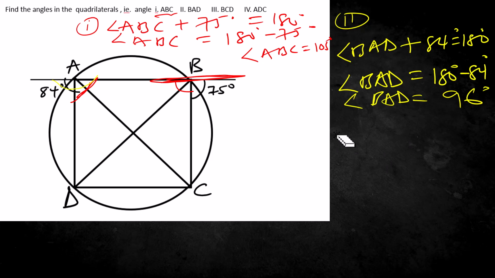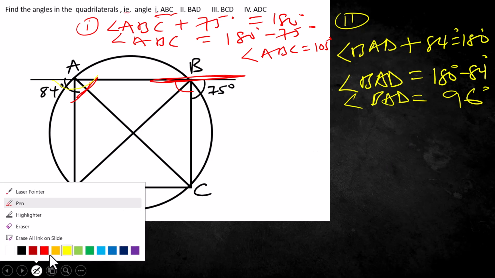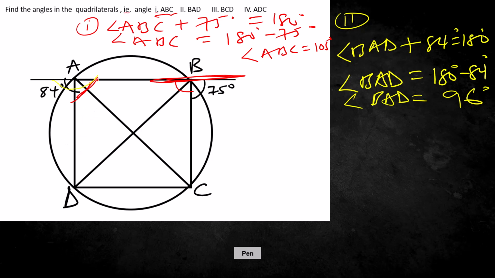So we have this side A as 105, and this side as 96.